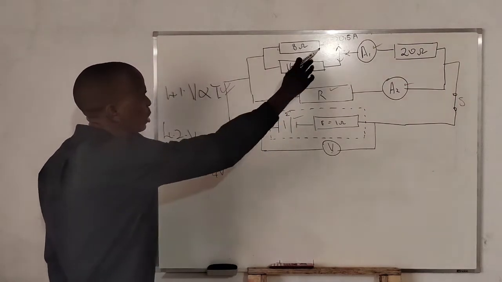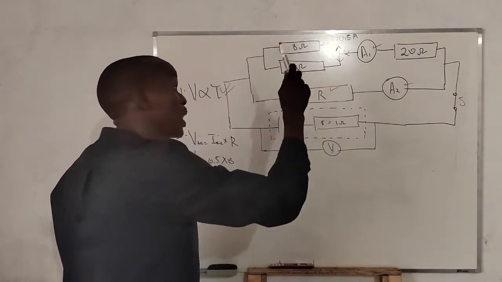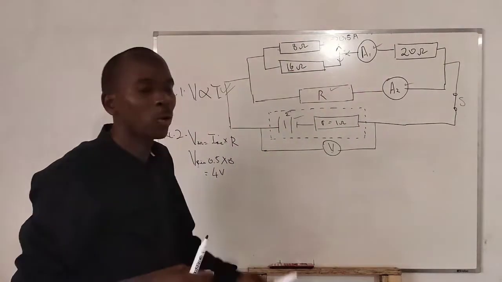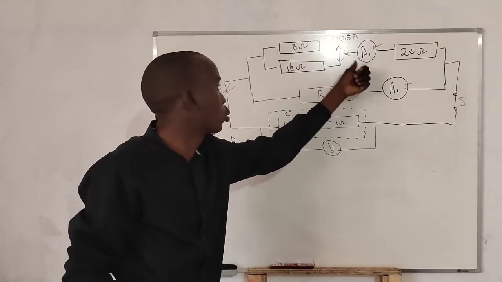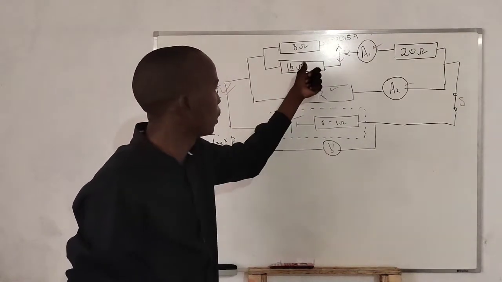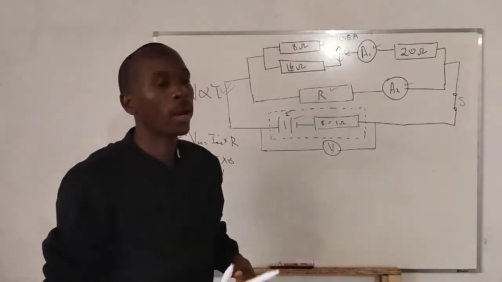So the voltage across here is 4 volts. I want to find the reading of A1, because the current passing through A1 was divided among this resistor and this resistor.